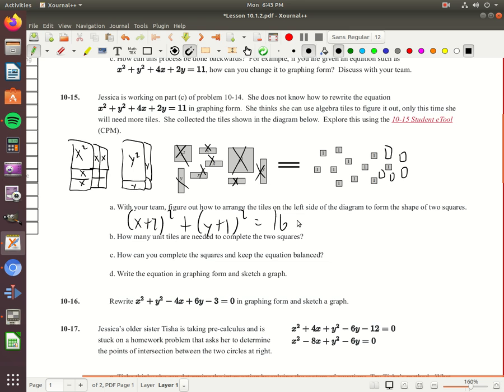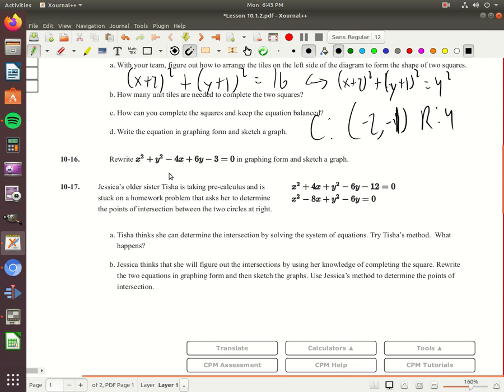Or like we said, x plus 2 squared plus y plus 1 squared is equal to 4 squared. Either one is fine. So my center is -2, -1, and my radius is going to be 4. And that's going to be the circle.